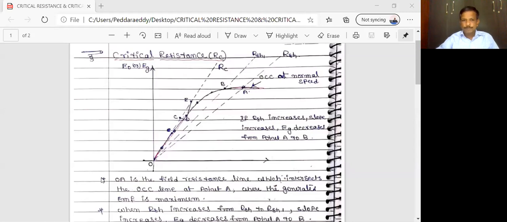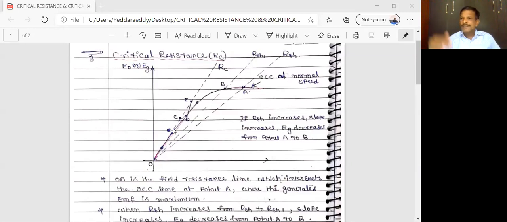So here also, this is the OCC curve. This is the open circuit characteristic curve. It shows the rise in EMF from residual flux up to rated value. So here the EMF is 0 in the initial condition, and here EMF is approximately 10 to 15 volts.